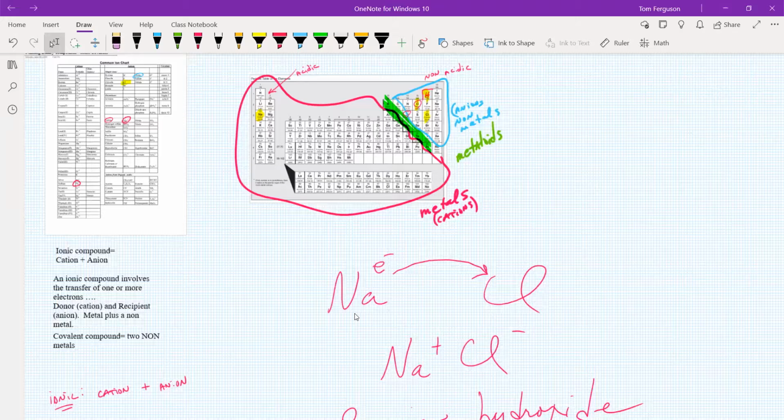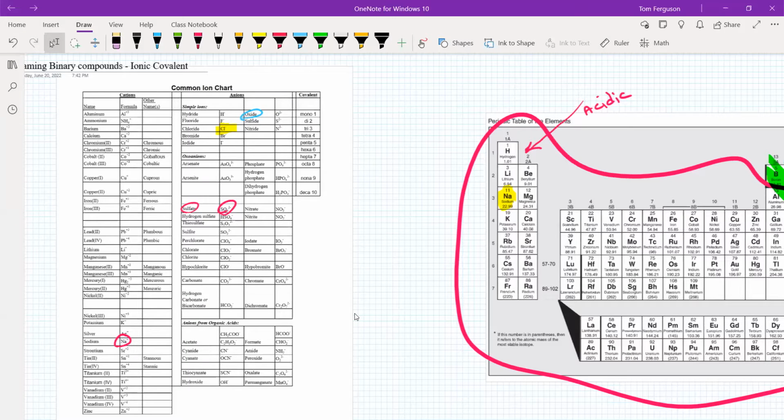So if you haven't printed off this ion chart, this would be really helpful. I'm going to give you this next week on your tests. Now, if you're taking this class from another professor, sometimes they make you memorize a whole bunch of ions. And everyone's got a cell phone, right? And why memorize something when you can look it up in seconds on your cell phone? But for the test, you can't use your cell phone.